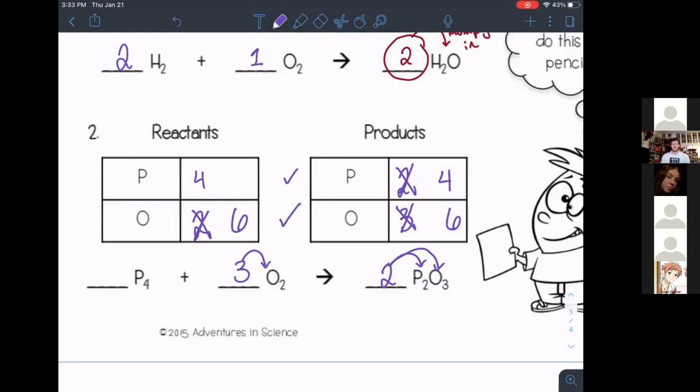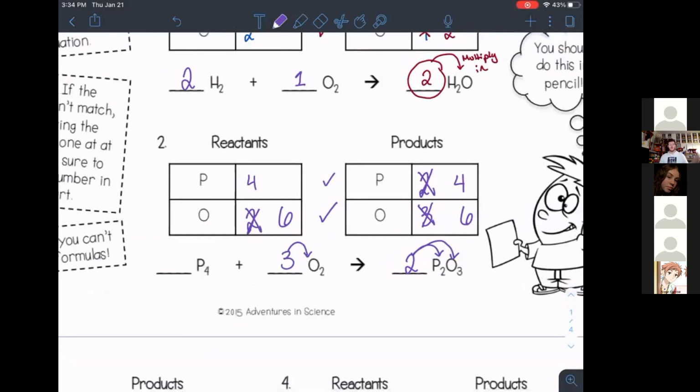Yes. Perfect, did we change phosphorus at all? Did we mess it up? Nope, so we are done, we're balanced. We need 1 P4 plus 3 O2s to make 2 P2O3s.